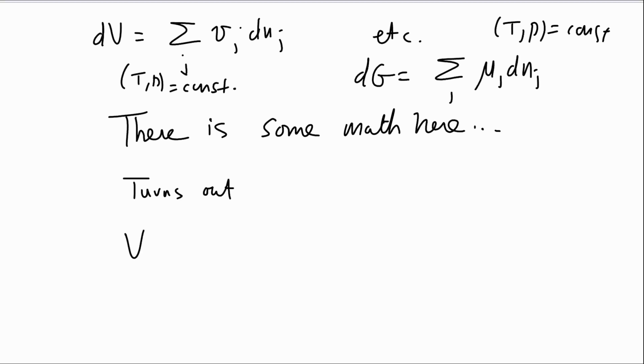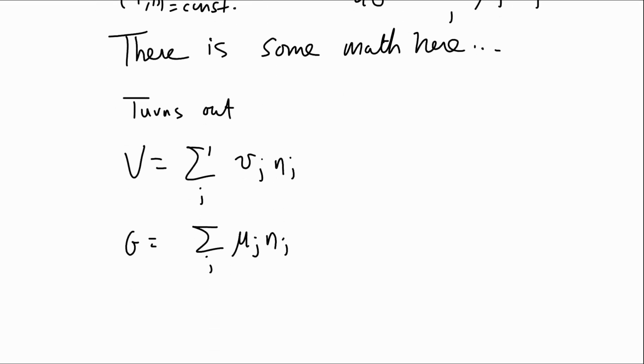But it turns out that V is the sum over j of v sub j n sub j, and G is the sum over j of mu sub j times n sub j. That's the way it is, and this has to do with the fact that G is extensive.